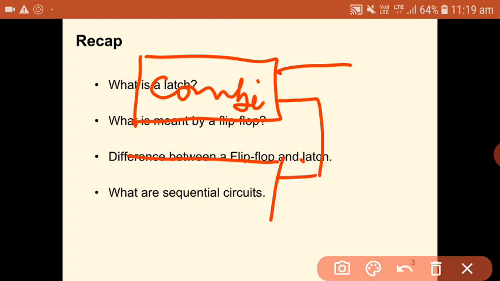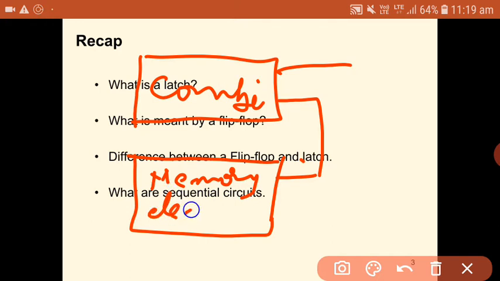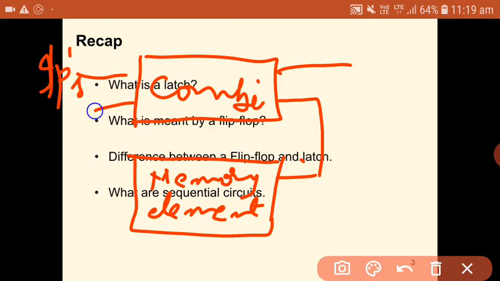Some portion of the output is fed back as input through a block called the memory element, and these are the inputs and this is the output of the sequential logic circuit.